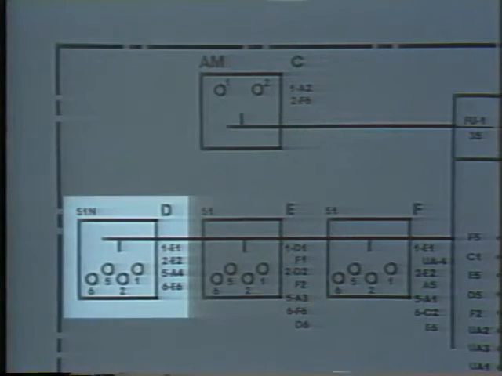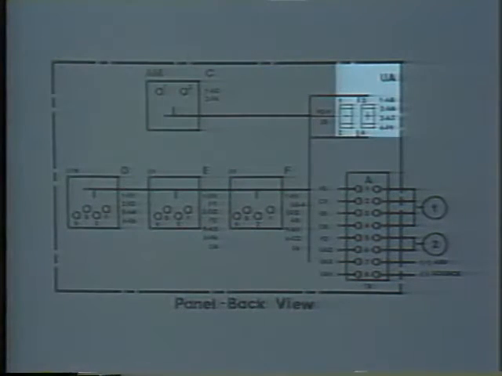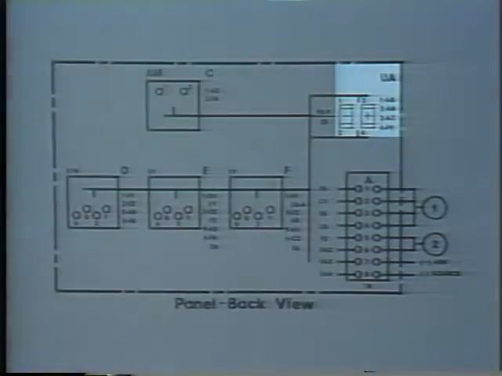Component D's device function number is followed by the letter N, meaning it's connected to a neutral. Up here we have two fuses identified by the letters UA. U identifies a fuse that is not a part of a component. The A identifies the particular fuse.